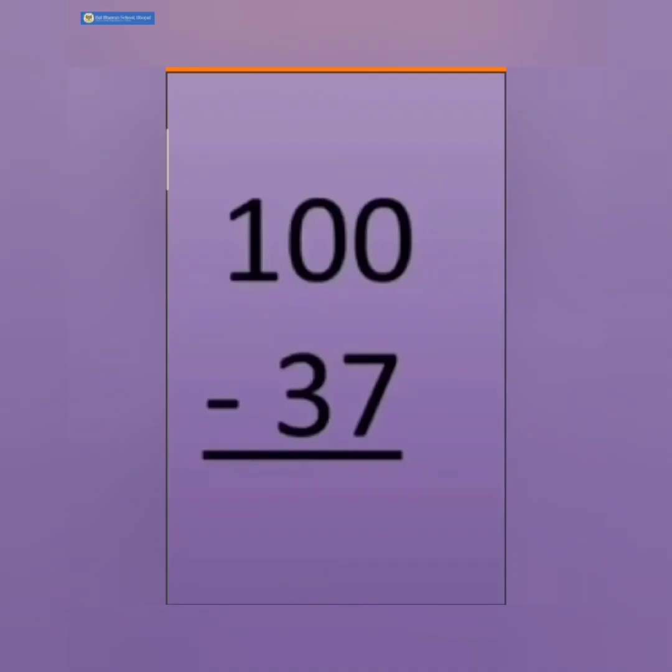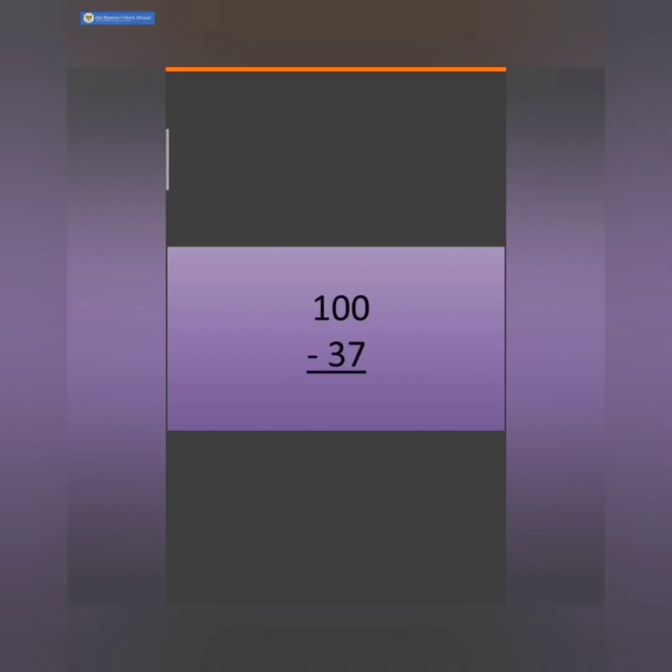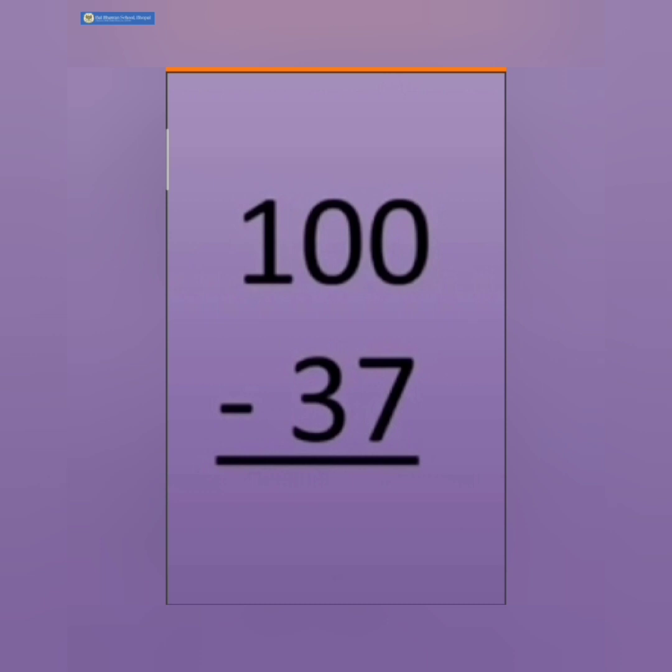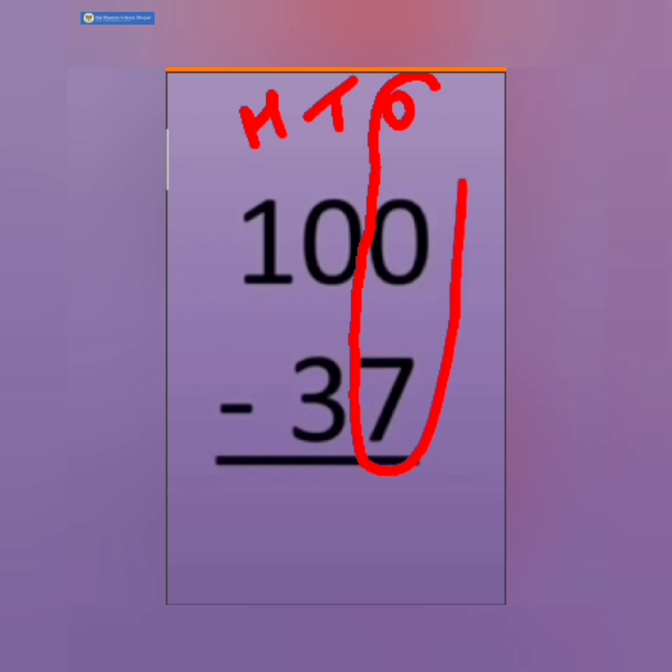Let us take away 37 from 100. Let's write the place values and write the numbers under the correct place values and begin with ones column. In this question, children, learn that we have 0 at the ones place and we need to borrow a tens from this tens column, which is again not possible because it is a 0 here.